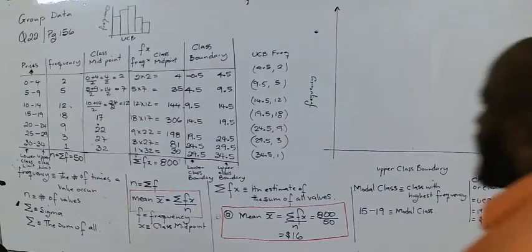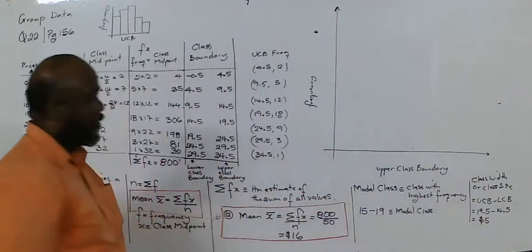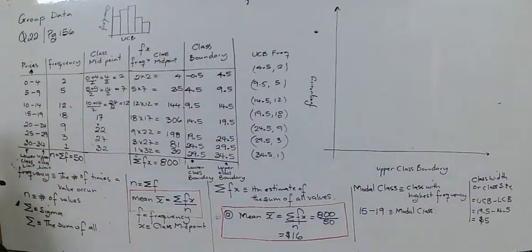Alright. Scale. The scale is 2 centimeters to 5 units on both axes. That means every 2 centimeters, the number goes up by 5.